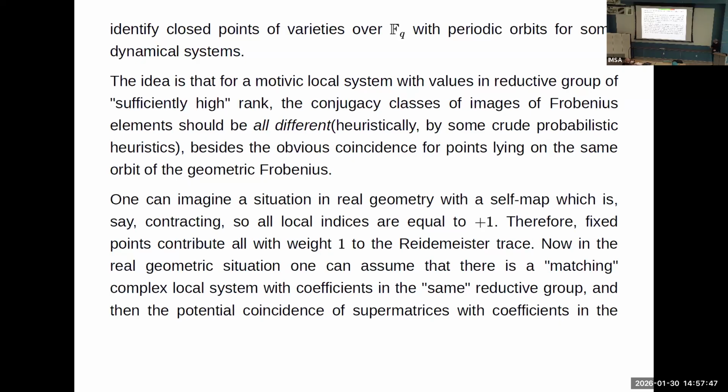Yes, so it means that you get fixed points. These periodic orbits you can distinguish by conjugacy classes in this representation. The fundamental group should have a representation to some matrices of some big size of integers or rational numbers, and then if conjugacy classes are all likely different, you get a canonical one-to-one correspondence between periodic orbits and points of a variety over a finite field.